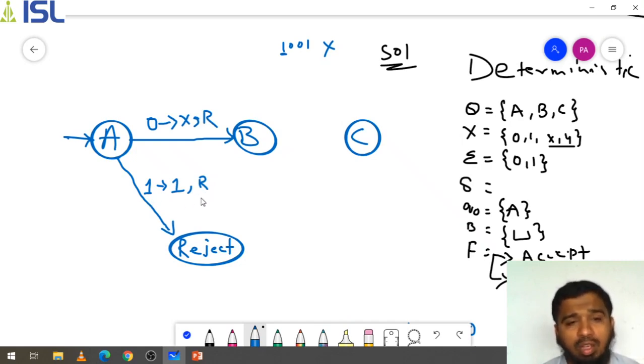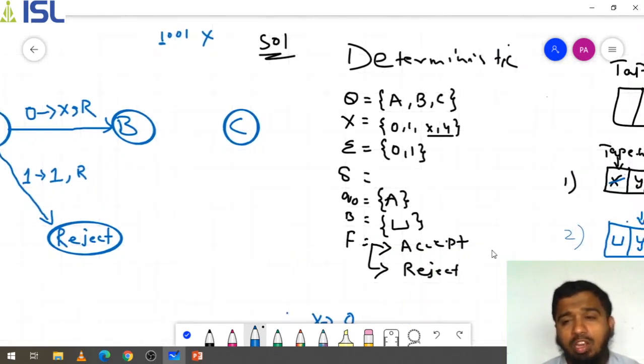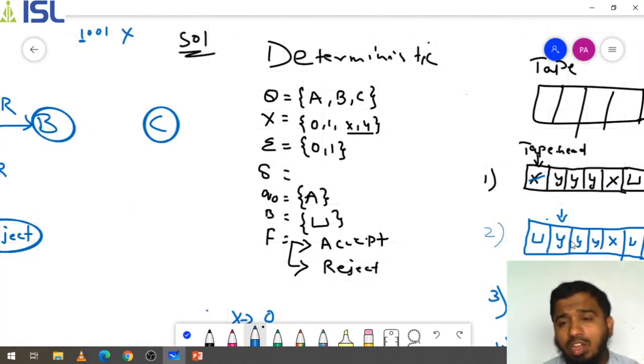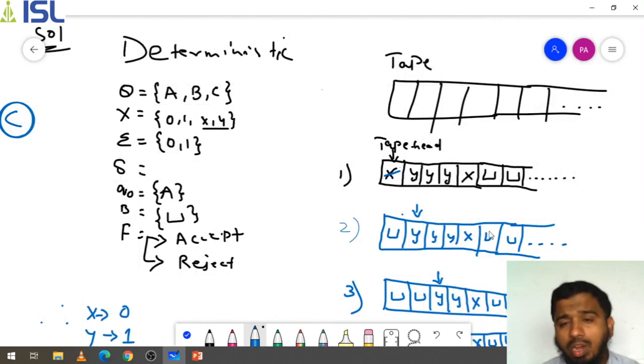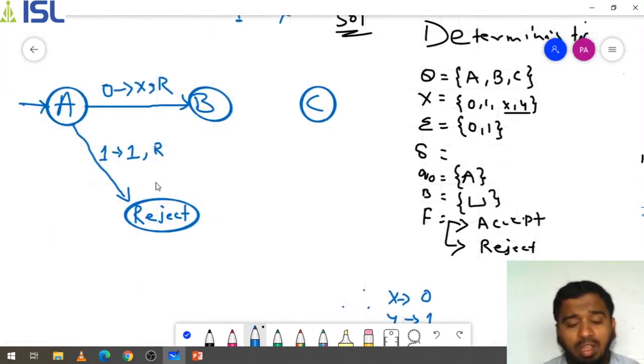It moved to right. It will go next, whatever the last step of the blank cell, that will be taken and displayed here. So, blank should be reject, move right.